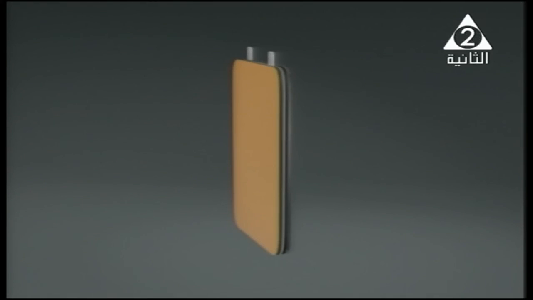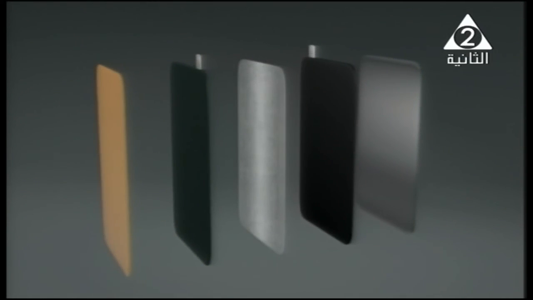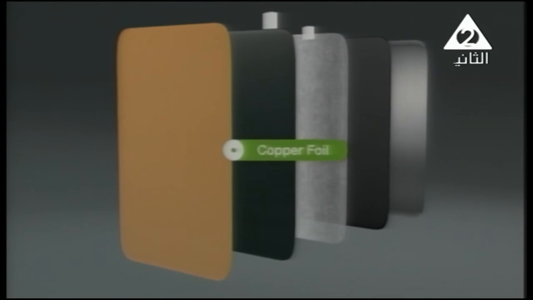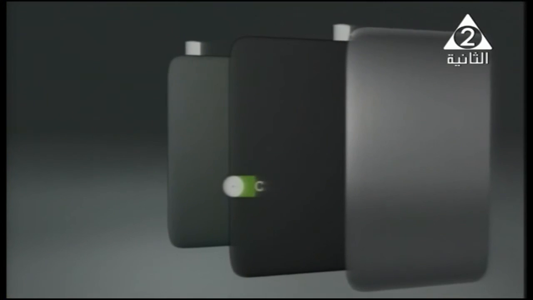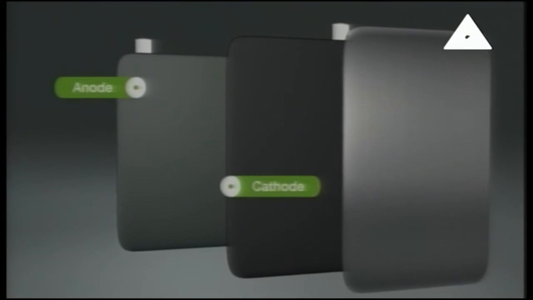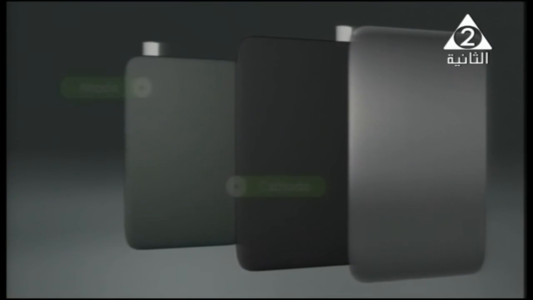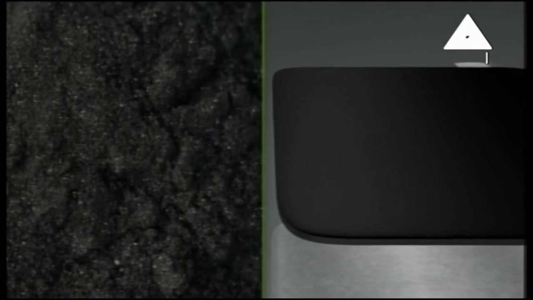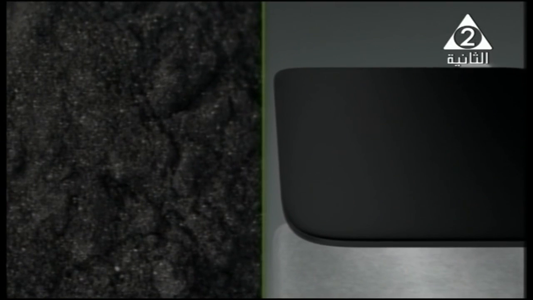This is the constituent of this battery: aluminum foil, copper foil, cathode and the anode, as you see, and there is an insulating separator between anode and cathode.